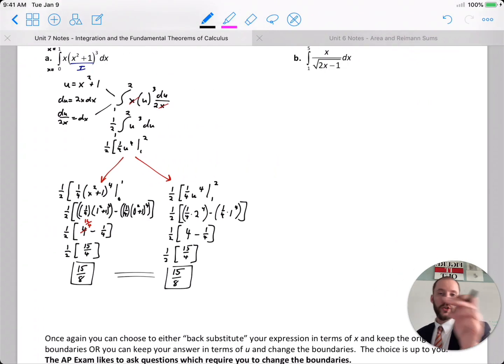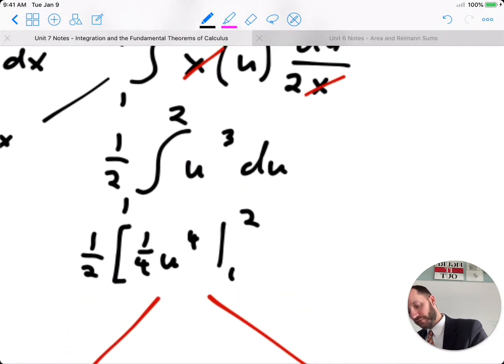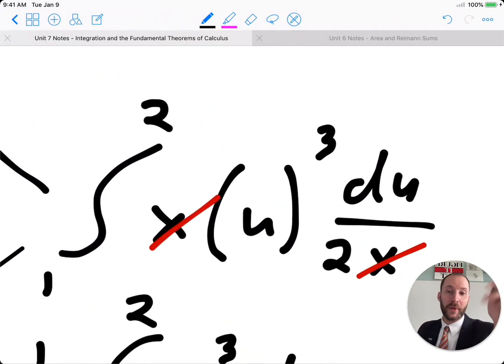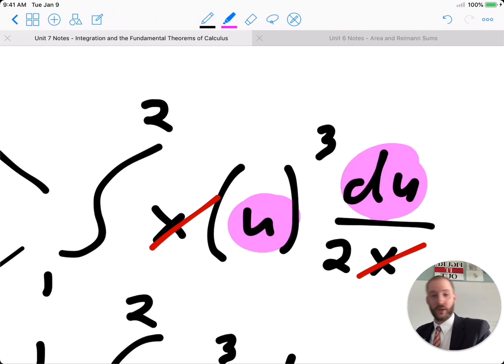So you can choose whether you want to go back to x values or stick with u values. Here's what's going to happen. They're going to grade you based upon your consistency. So right here, you need the new bounds because you have u, you have du. You need to change the x bounds to u bounds.